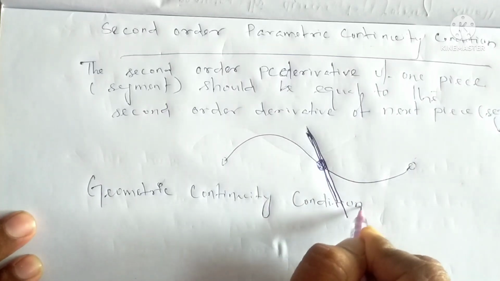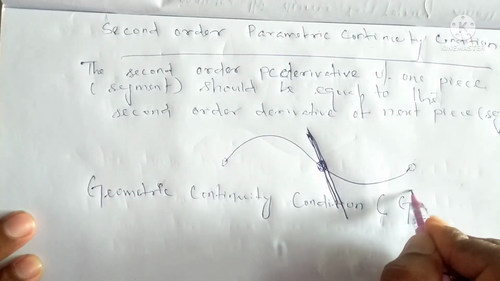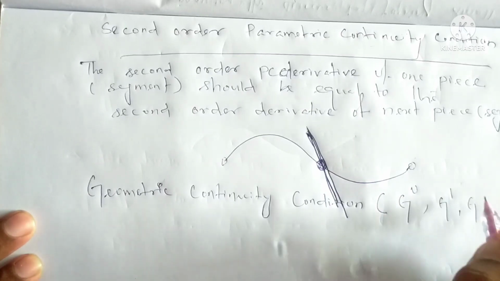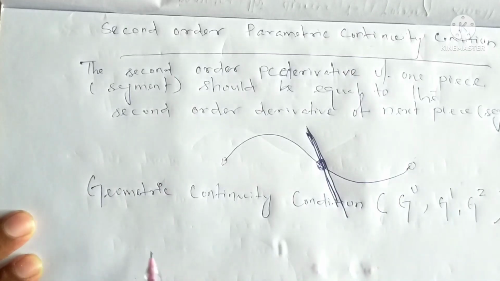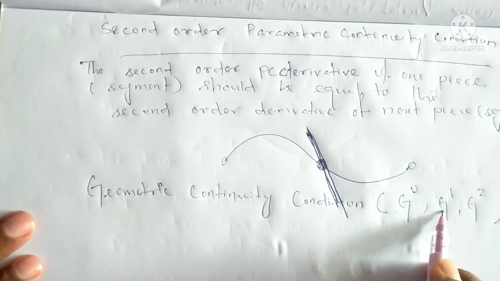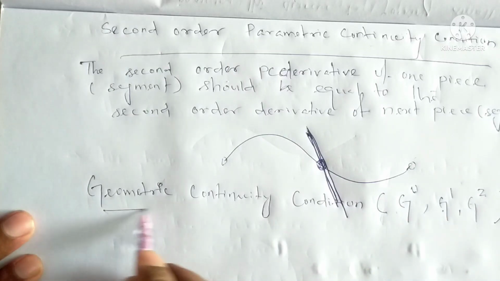In parametric continuity condition, you write C0, C1, C2. In geometric continuity condition, you write G superscript 0, G superscript 1 or G superscript 2. G0 is called the zeroth order geometric continuity condition. G1 is called the first order geometric continuity condition. G2 is called the second order geometric continuity condition.